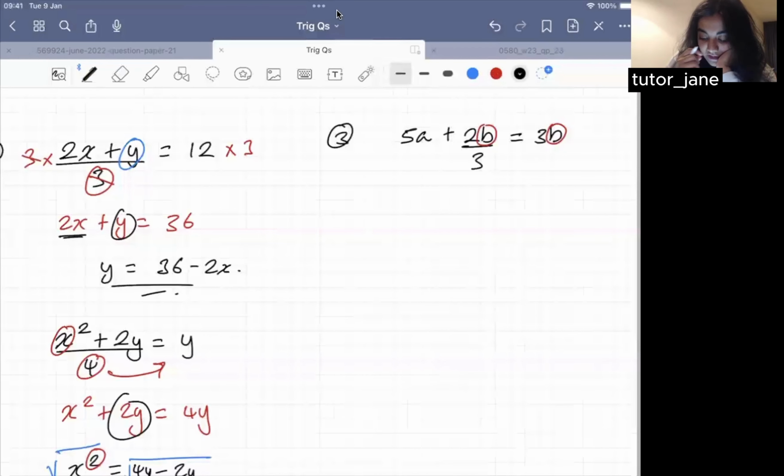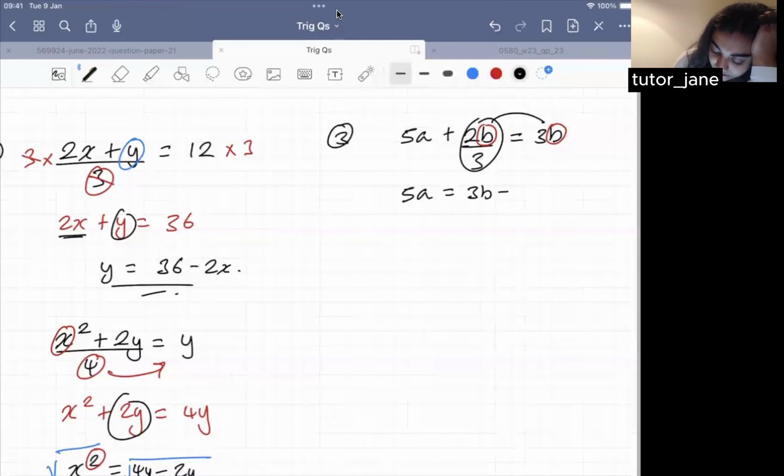So, as I said first, we want to collect all the b terms together. We want to simplify our b terms to make it one b term. So to do this, I'm going to take this away from both sides. So we're going to get 5a equals 3b minus 2 upon 3b, or 2b over 3.